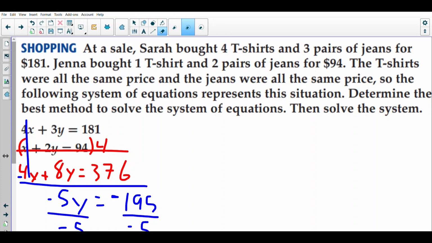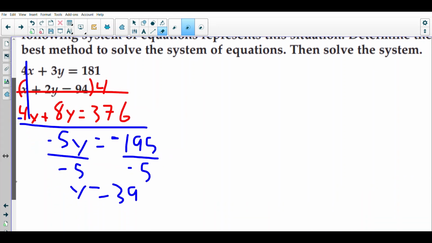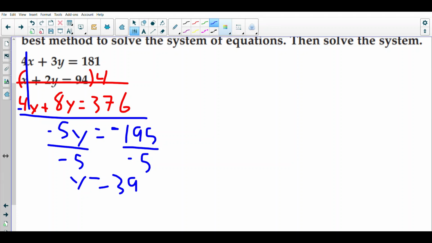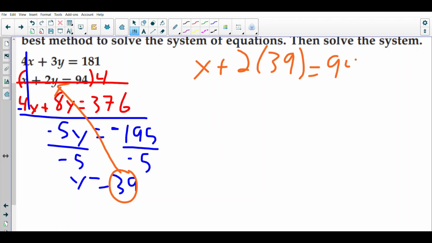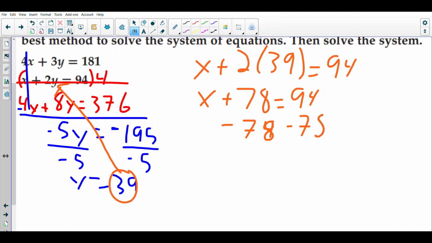So now I'm going to plug that back in. And I already have a good equation to do that with. So 39, and I'm going to go right back to the 2y. So I get x plus 2 times 39 equals 94. So x is equal to, not equal, sorry about that, jumped ahead, plus 78 is equal to 94. Subtract 78 from 94, and I get x is equal to 16.